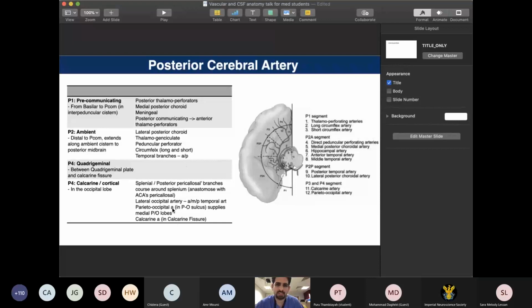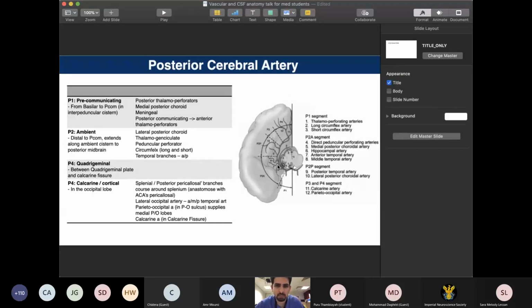We finally get to the end of the basilar artery, and then it divides into the two posterior cerebral arteries. Again, you have to think about this. If this is the posterior side of the brain, this is the basilar artery, and this is the brainstem.